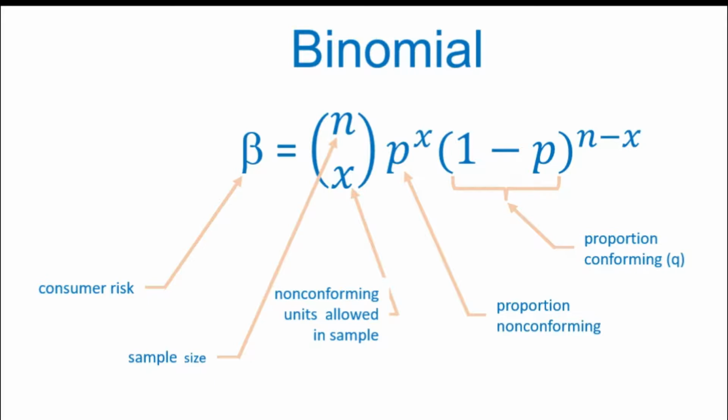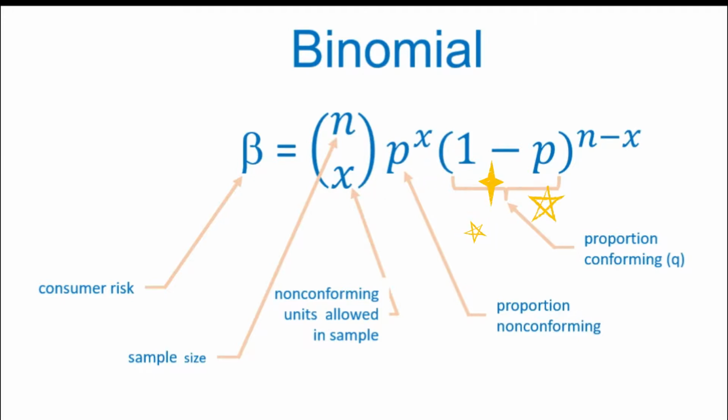So jumping right into this, we take a look at the binomial formula. The most important observation when we look at the formula is that there is no provision for the lot size, which would show as uppercase N. We see the lowercase n, which is the sample size, lowercase x, which is the number of non-conforming units in the sample, p, which is the proportion non-conforming, 1 minus p, which would be the proportion conforming.